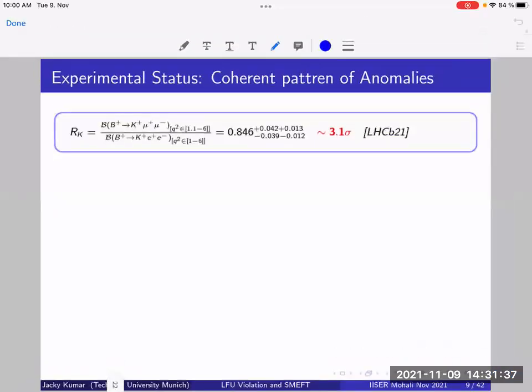So now let us look at the experimental status. As I said, this all started with the R_K measurement, which is B plus to K plus mu plus mu minus divided by B plus to K plus e plus e minus. This is 1.1 also. This is found to be 0.846 plus minus, where the first error is statistical and the second is systematic. So you see, systematic is quite under control; all the uncertainty right now is due to the statistical error.